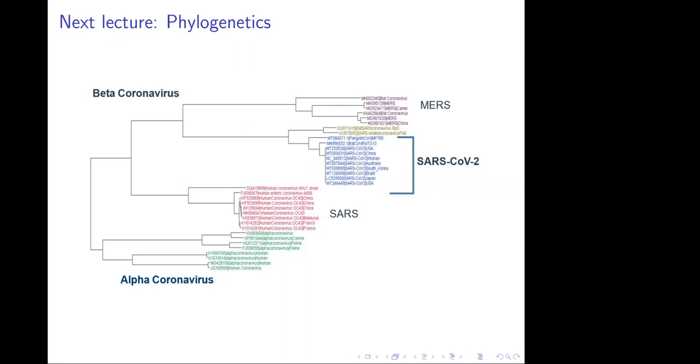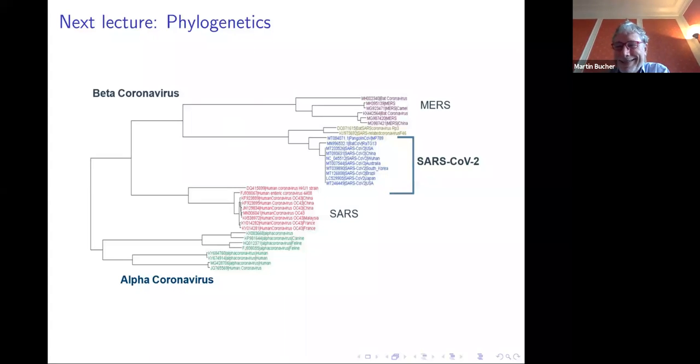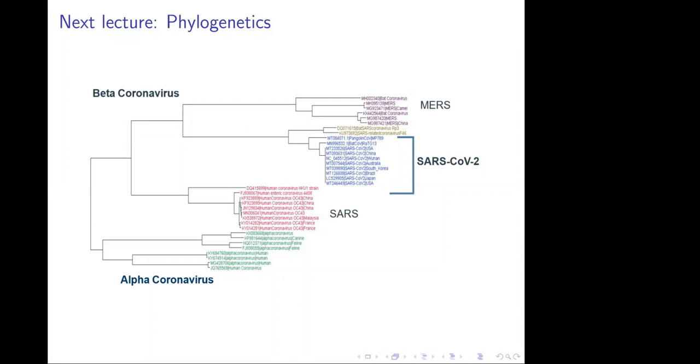And not only on this genetic tree, unfortunately, but on many others as well.